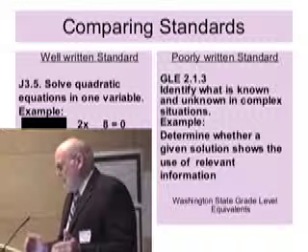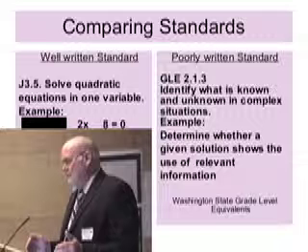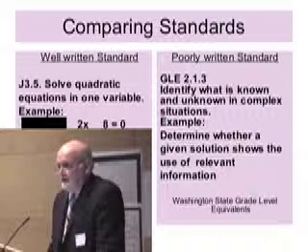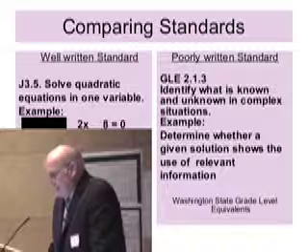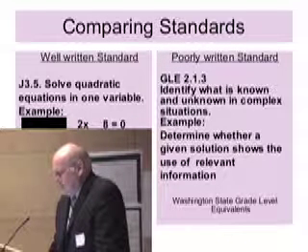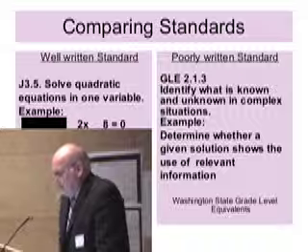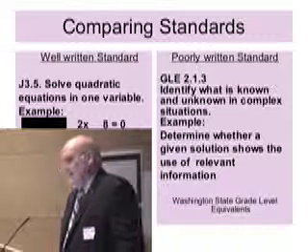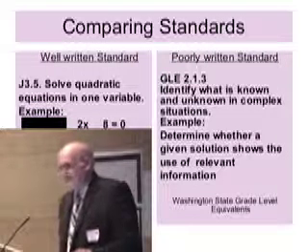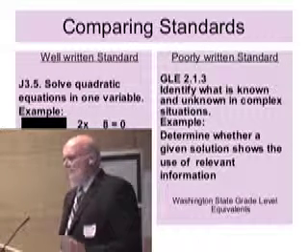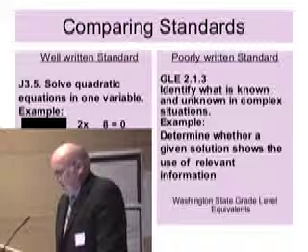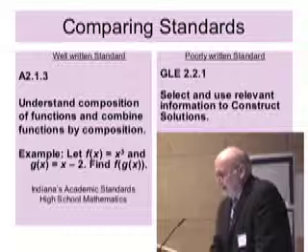There's no direction. There's no guarantee that the teachers will teach the same content, which they haven't been. And of course, the example isn't much help. Determine whether a given solution shows the use of relevant information. Well, we do want students to use relevant information, but again, there are so many possibilities here that you really don't aim towards anything.